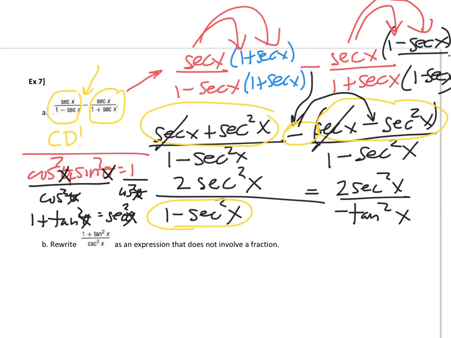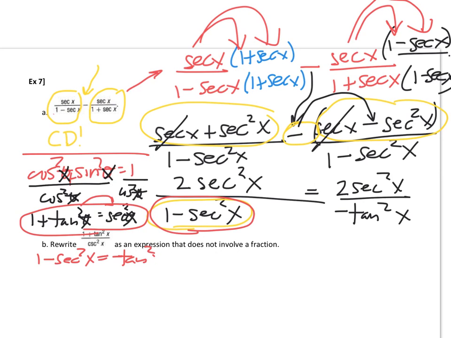I've got to get this form from what I see right here. So it's just going to be a subtraction game. So 1 minus secant squared of x from each side. And then I've got to move this over to this side, which gives me the negative tangent squared of x. So this is being replaced with negative tangent squared of x.